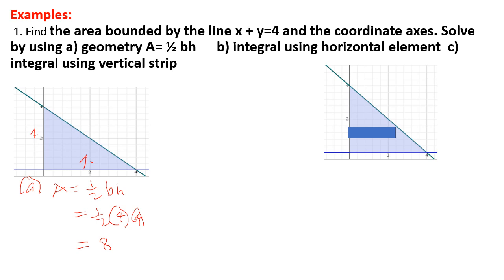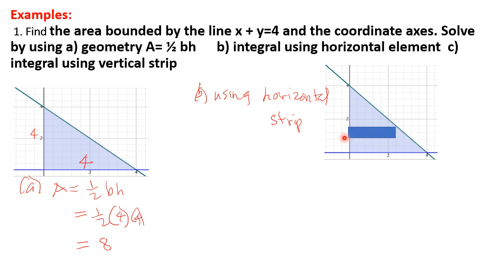For the letter B, using the horizontal strip. So this one is the horizontal strip. This one is your rectangle.